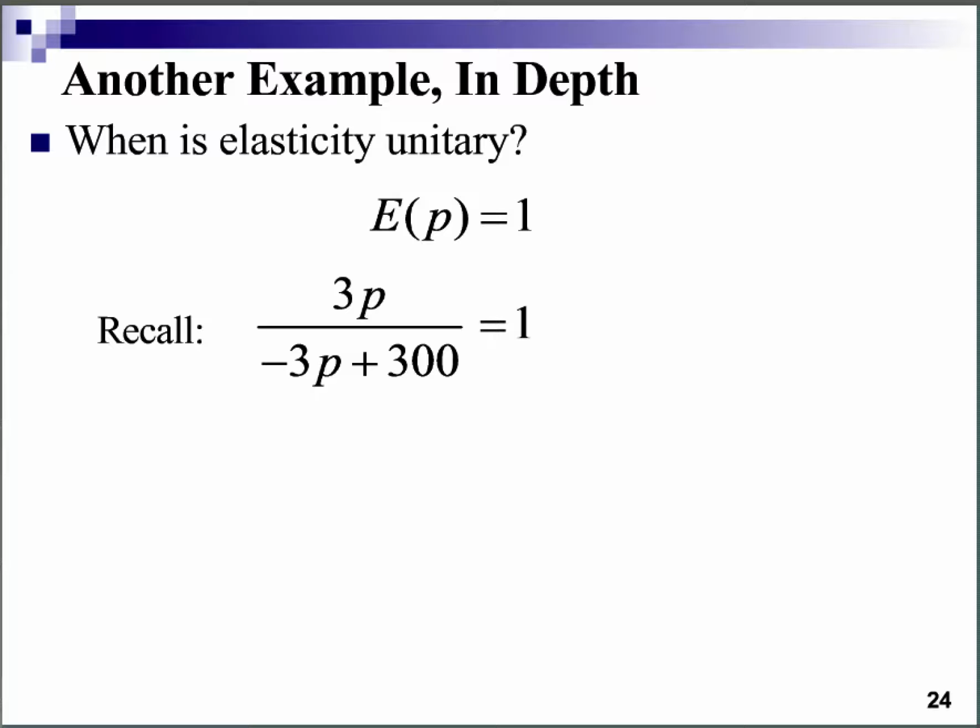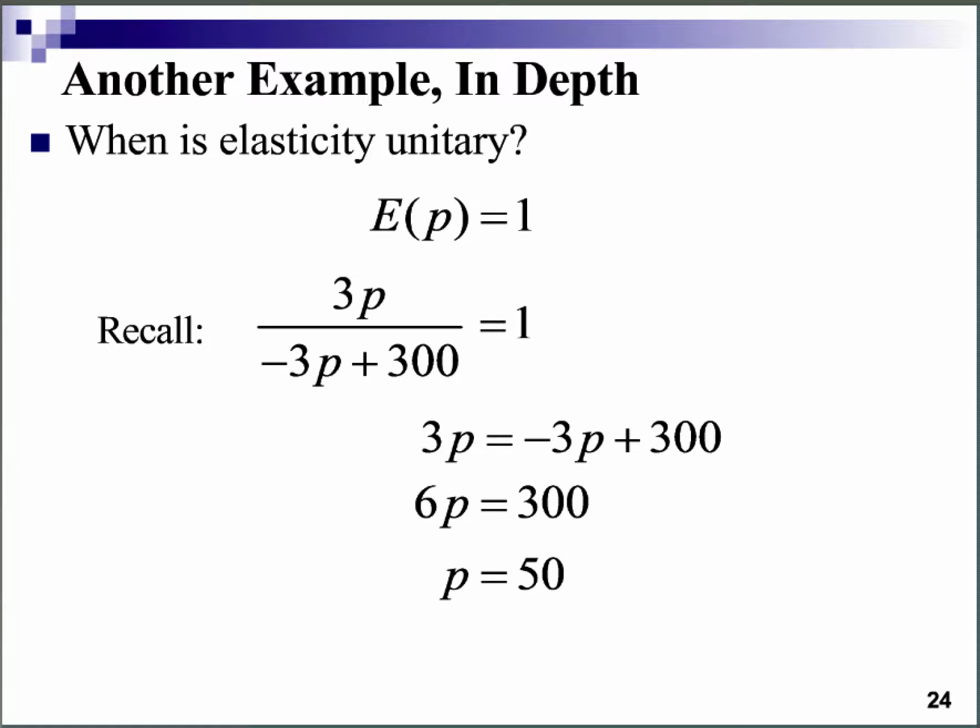Well, the easiest way to do this, since we have a fraction on the left, is to remove the fraction. And so we do this by multiplying both sides of the equation, including the right, by the quantity negative 3p plus 300. When we do that, we end up with 3p on the left, all by itself, and on the right, negative 3p plus 300.